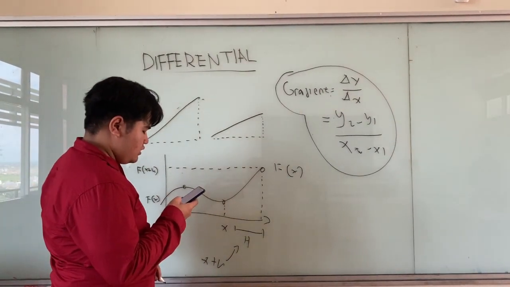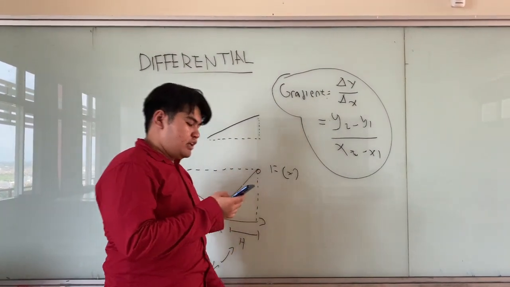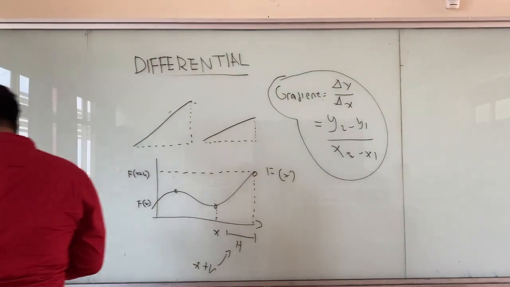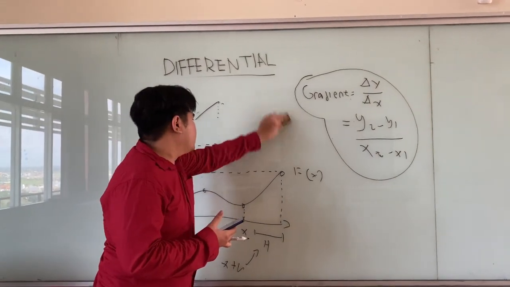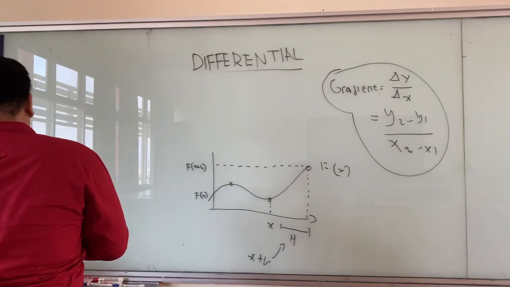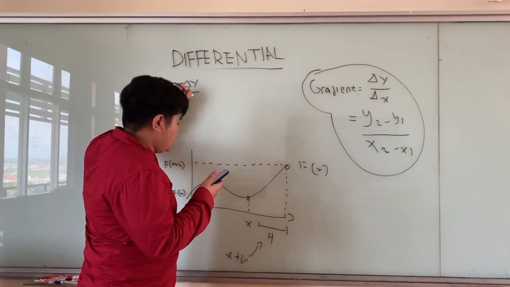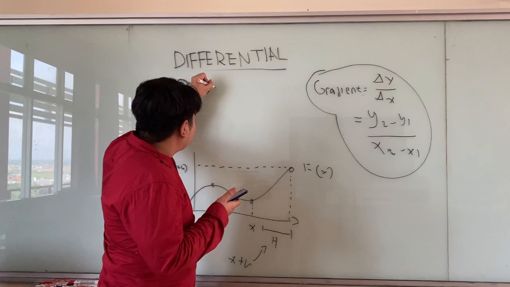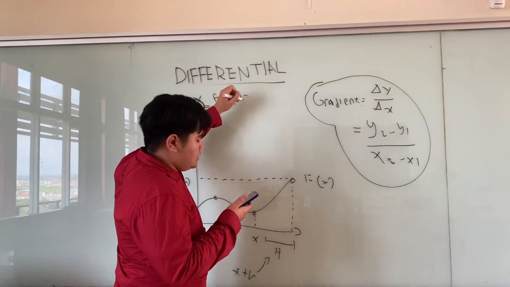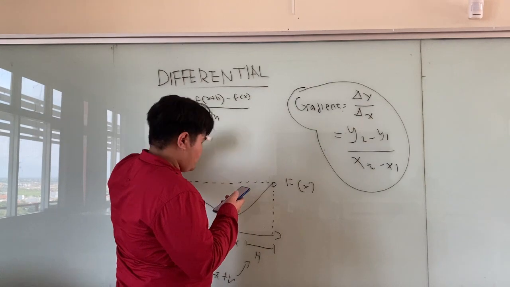According to the gradient formula we took from the equation of the line earlier, we can formulate the gradient of this function as delta y per delta x, the function minus f(x) per h.